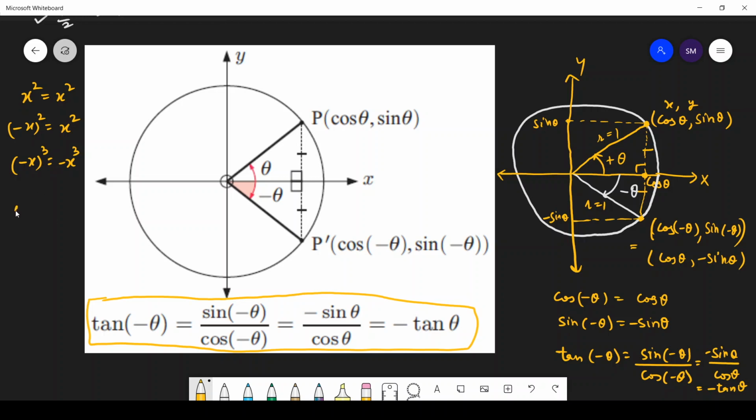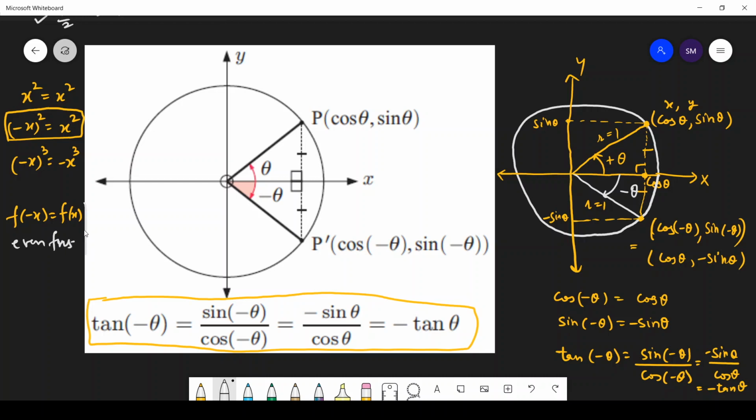So the functions, when both the values are the same, so when the power is even, you can see that whether you take plus x or minus x, it doesn't matter. So the value of the function remains the same. So these functions are known as even functions.